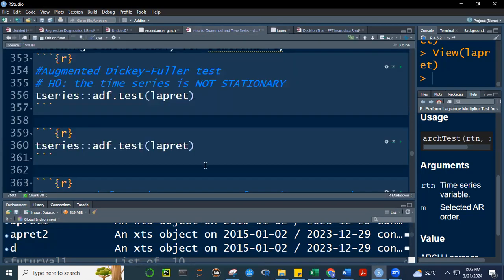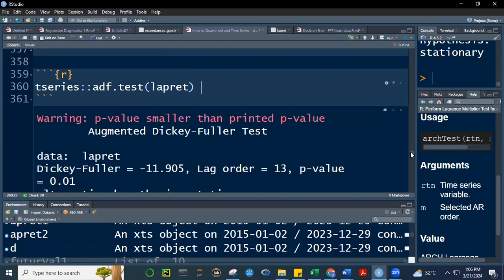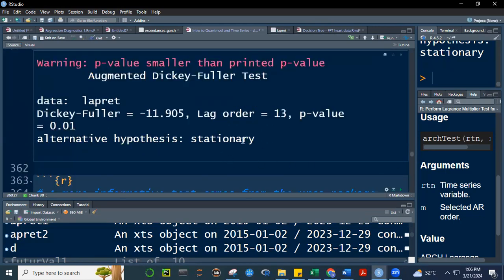So let's use this test, the augmented Dickey-Fuller test. This is a test used to determine if your time series is stationary. It tells us that the null hypothesis is the time series is not stationary, and we can deduce that from the alternative hypothesis, which is that the time series is stationary.